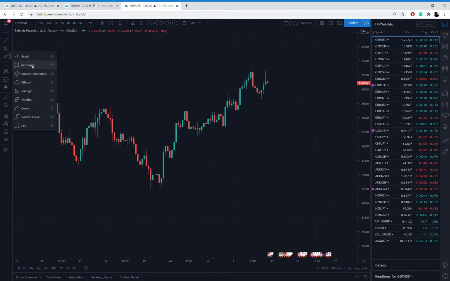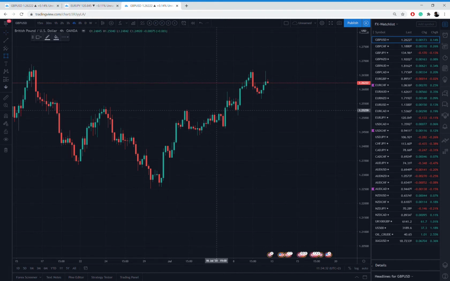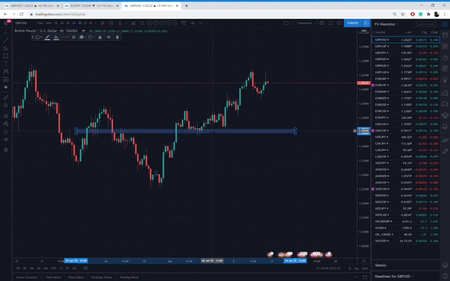Now we have identified this trend here. What we want to do is identify all the market structure that is formed here. Let's quickly see if we see something. For instance, here we have a valid market structure.